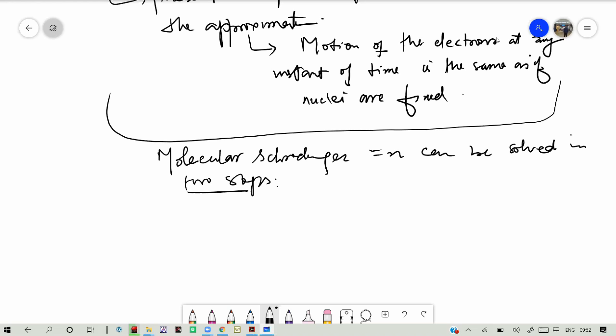And when they are fixed, what will happen?